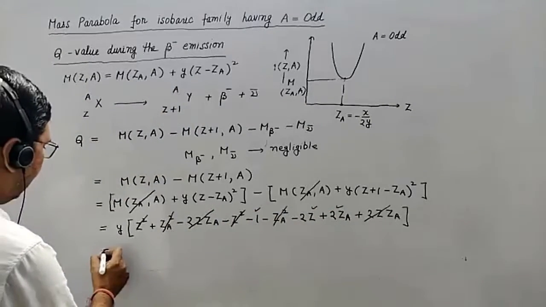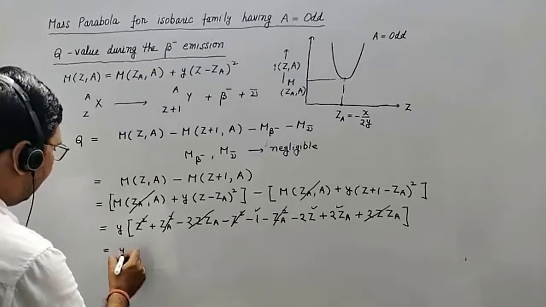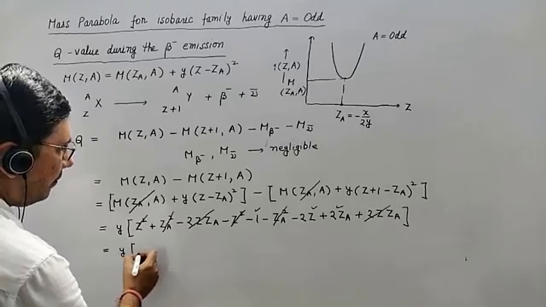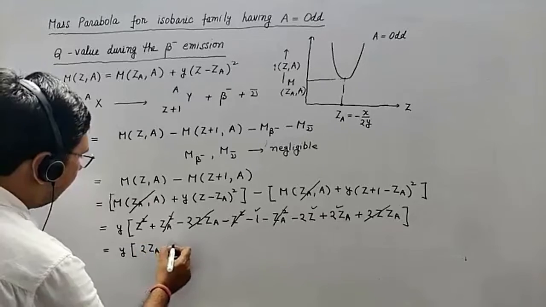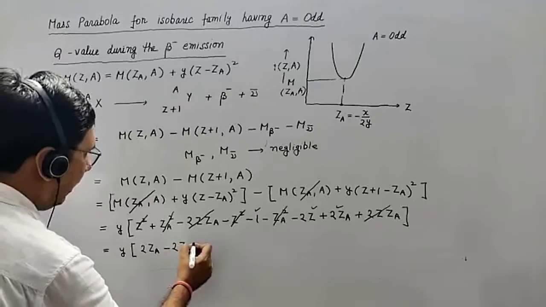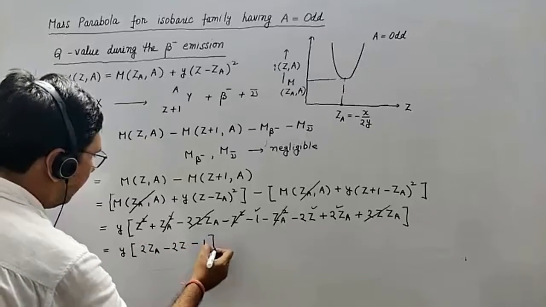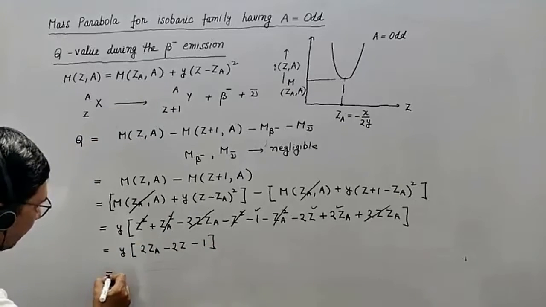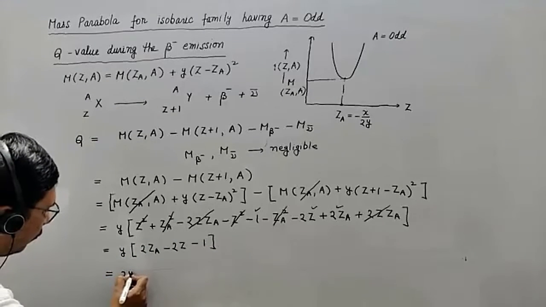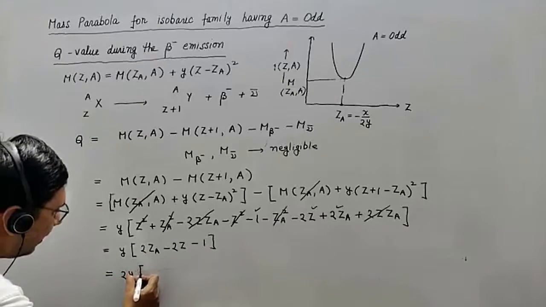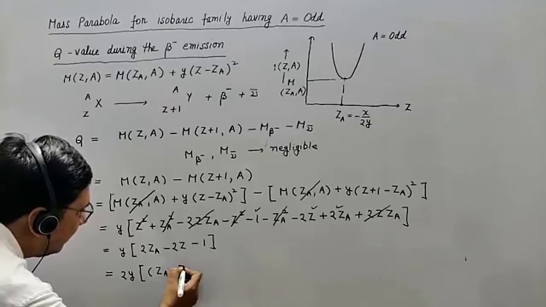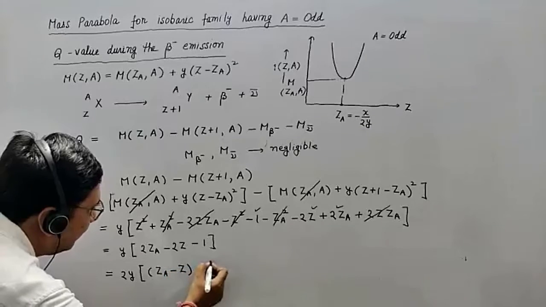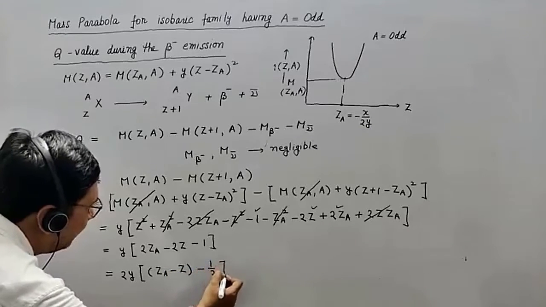So we can write it as Y times (2ZA minus 2Z minus 1). And if I take this 2 common, this will become 2Y times (ZA minus Z minus 1 by 2).